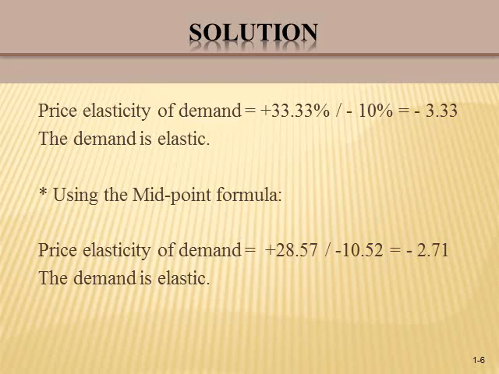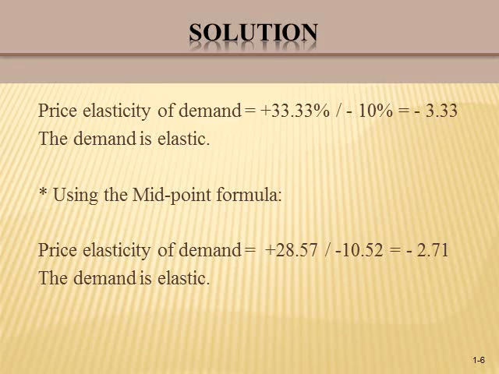The percentage change in price is equal to P2 minus P1, 90 minus 100, over P1 plus P2 over 2, 100 plus 90 over 2, times 100. Then we obtain minus 10.52. Then the price elasticity of demand is equal to plus 28.57 over minus 10.52, which is equal to minus 2.71.